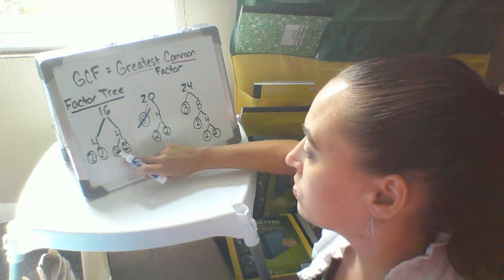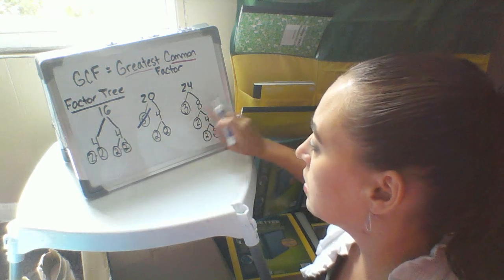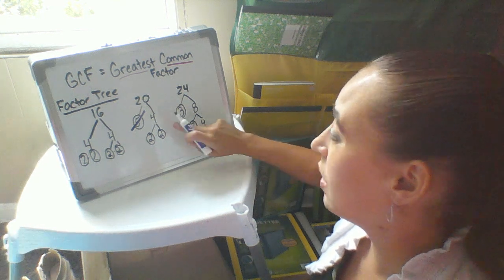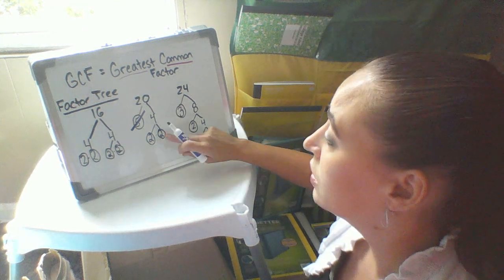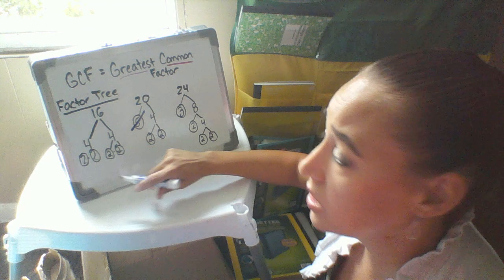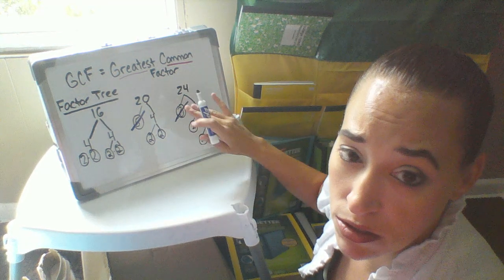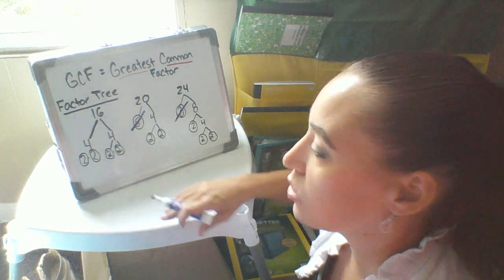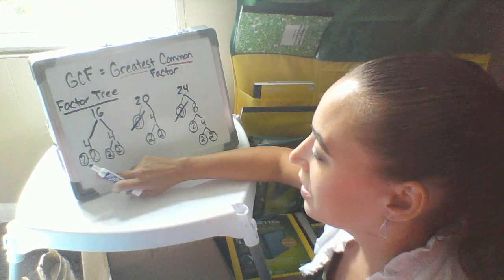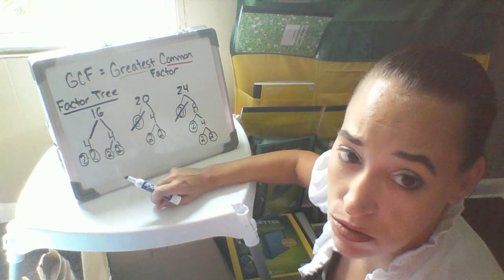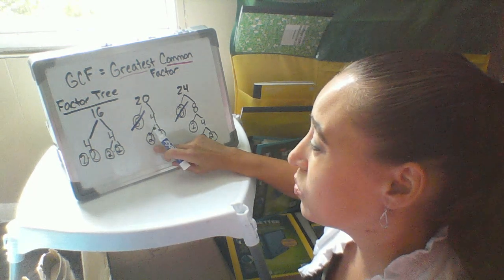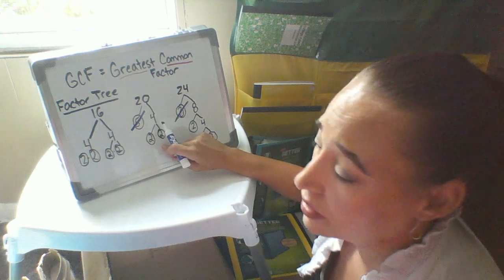So now I see 2's here. I see 2's here. I see 2's and a 3 here. There's no 3 here. There's no 3 here. So 3 is not in common. Cross that out. Now circle back to our 2's. I see 4 2's here. I see only 2 2's here.